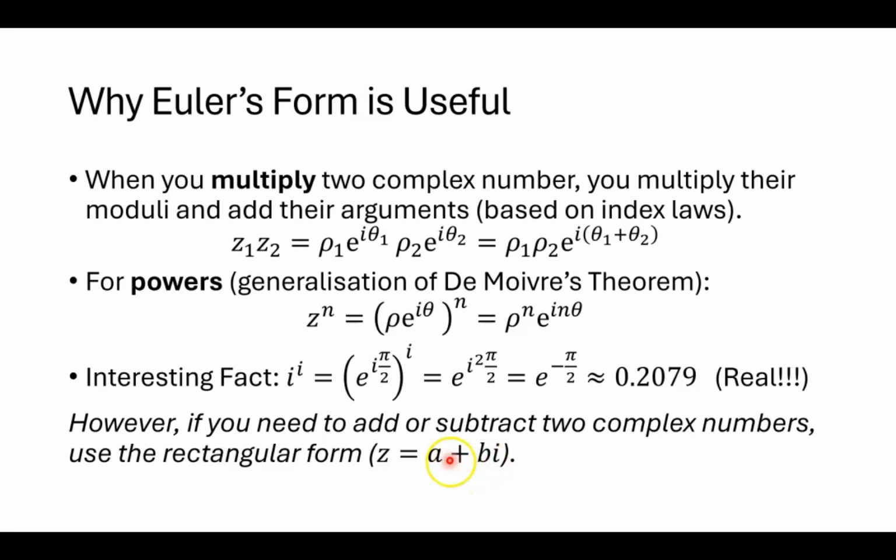So this is very easy to do in rectangular form, but it's not at all obvious in Euler's form. But when you multiply, you don't want to do a bunch of binomial expansions. Like if you multiply two complex numbers together, you have a plus bi times c plus di. That's very, very horrible. You don't want to do that. Just use Euler's form, and it saves you a lot of time.